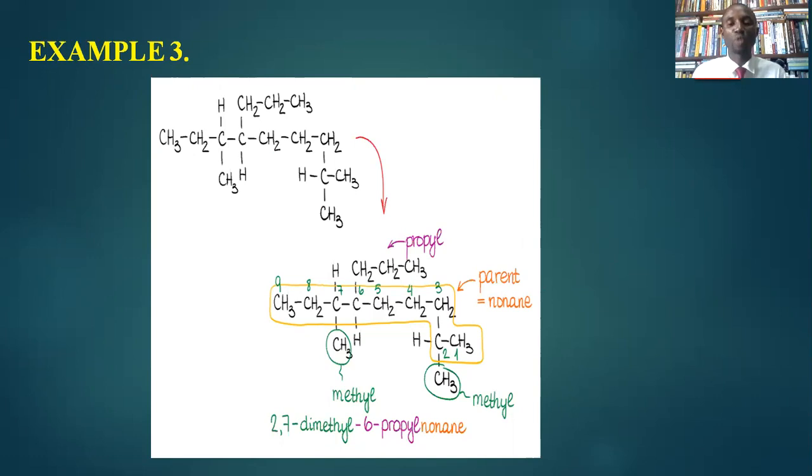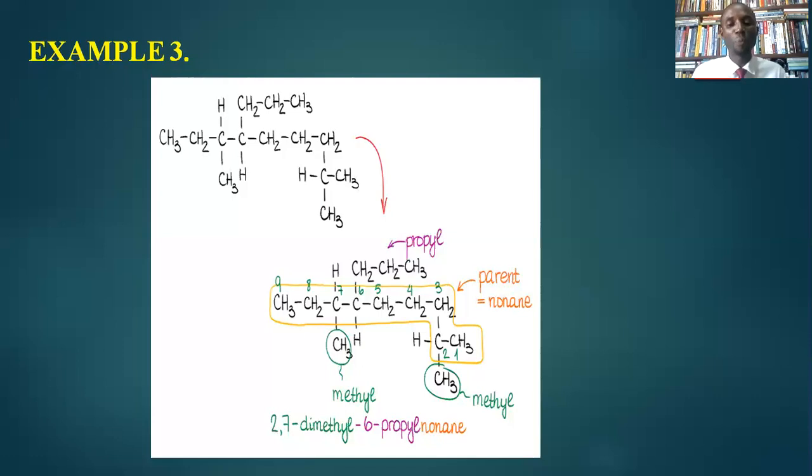Then the next one is propyl. M comes first before P. So the compound here is 2,7, that means 2,7 is where the methyl groups fall in. 2,7, you put a hyphen, dimethyl, telling us that methyl is at 2 and 7.